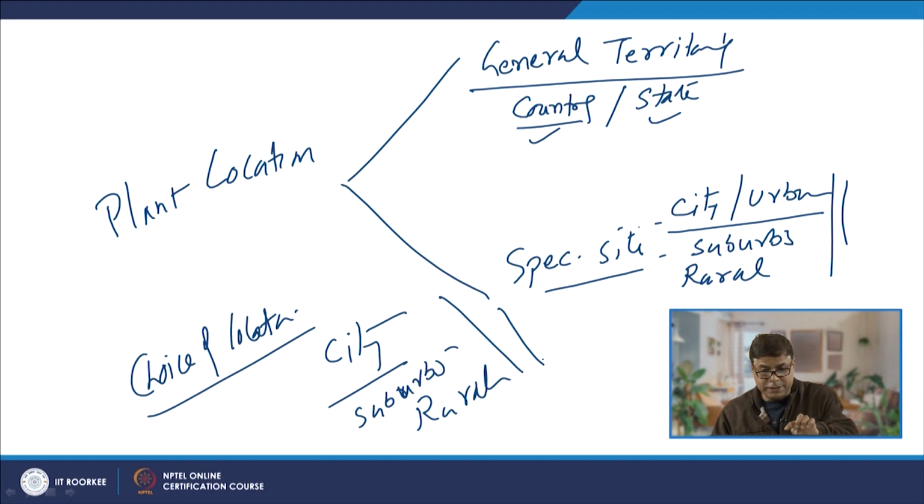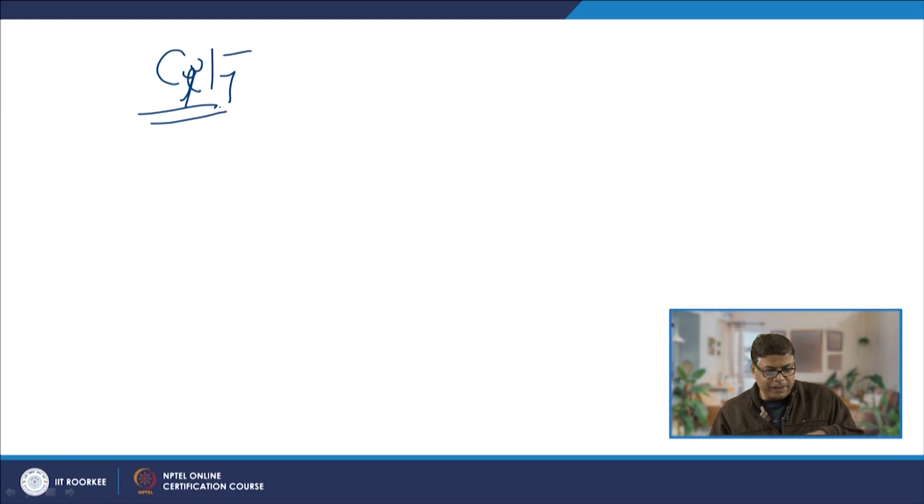Those aspects we will be looking at. As far as the city is concerned, we will take up first what are the factors related to locating a plant in cities, and when it will be more favorable.